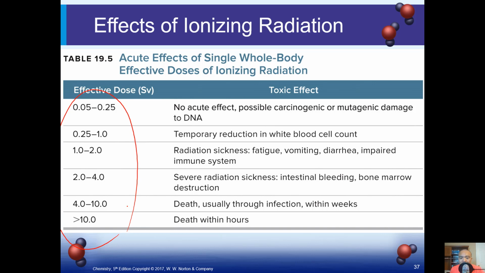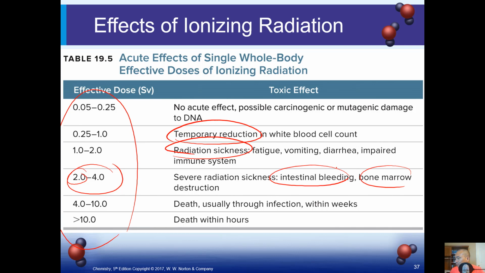Radiation sickness. At levels higher than 2 sieverts, the intensity of radiation sickness increases, leading to intestinal bleeding and bone marrow destruction. At levels above 4 sieverts, death usually occurs within weeks by infection, or within hours at a very high dosage.